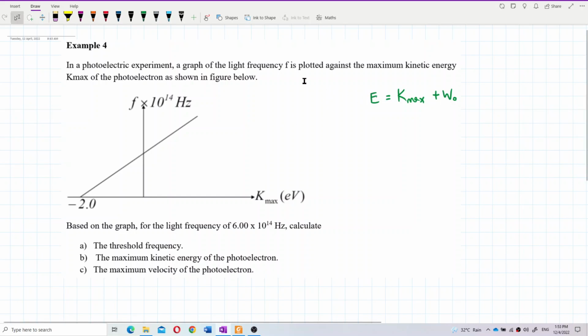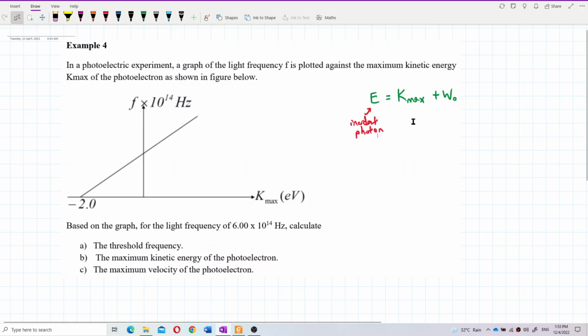So E is the energy of the incident photon. Kmax is the kinetic energy of the ejected photoelectron, and the work function is the work function of the metal surface.